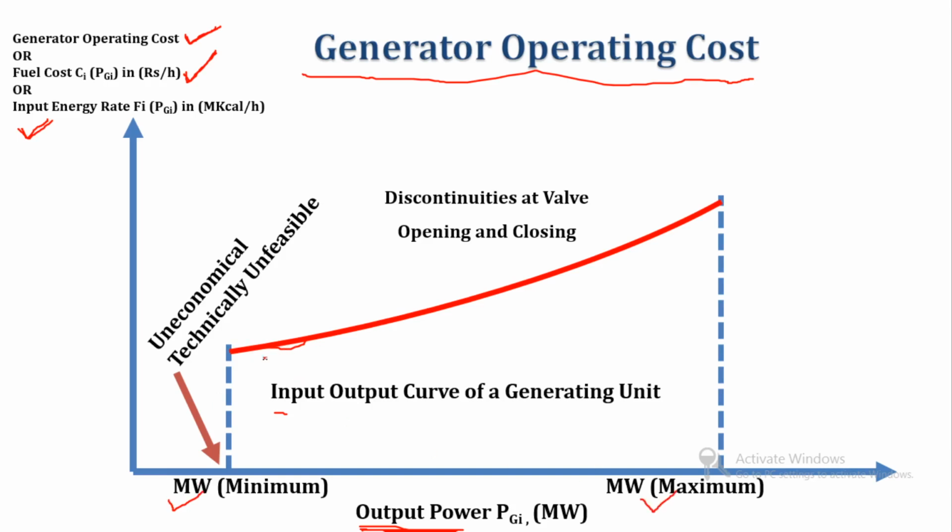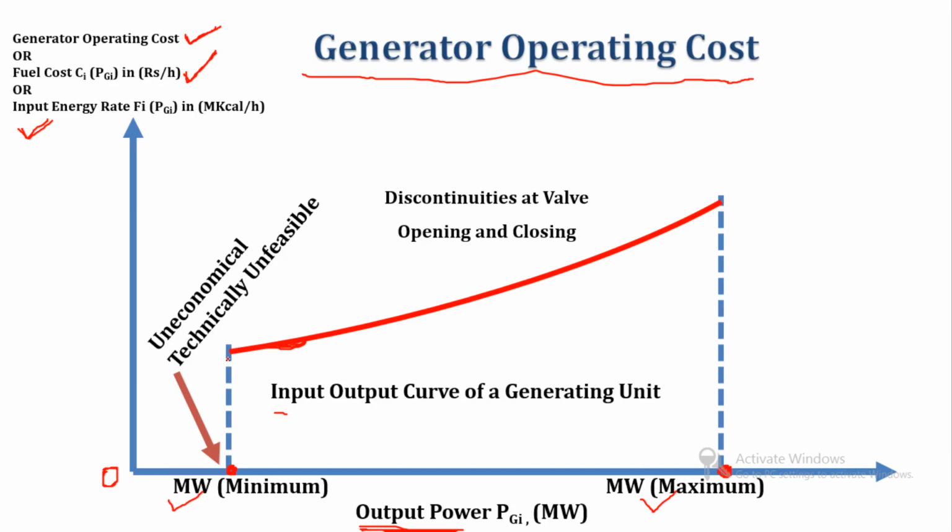Now this graph will not start from 0. You can see that it does not start at 0; it starts at some minimum point and ends at some maximum point. So what does it mean?